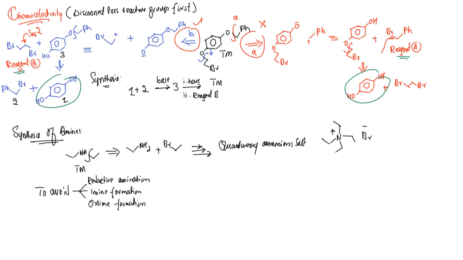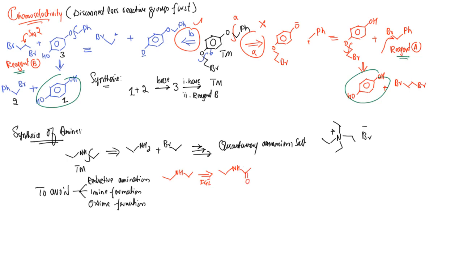Consider the reductive amination route. Let's consider the target material. I go for functional group interconversion so that I could make the disconnection.